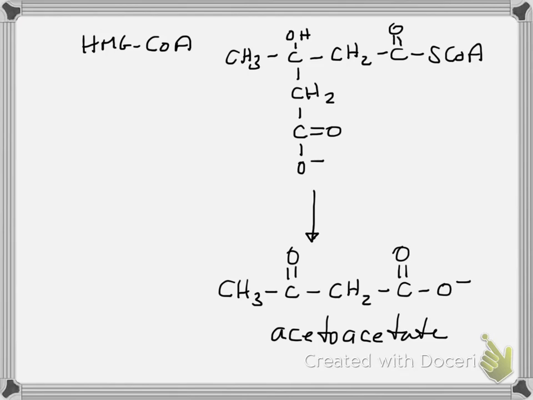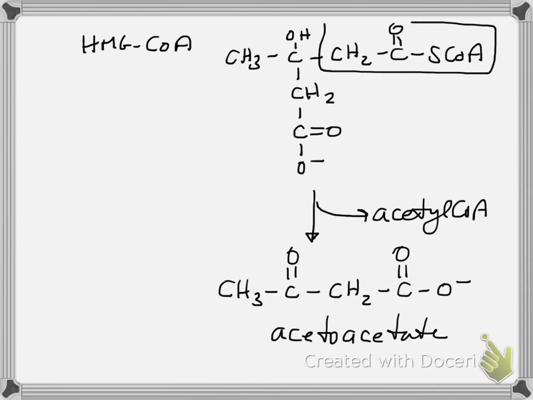So this step is converting HMG-CoA into acetoacetate, and we are losing, in this reaction, an acetyl-CoA group, which is right here. By forming this reaction in the mitochondria, we are now taking advantage largely of the very, very high levels of acetyl-CoA and driving the synthesis of acetoacetate. So this is our first ketone body.